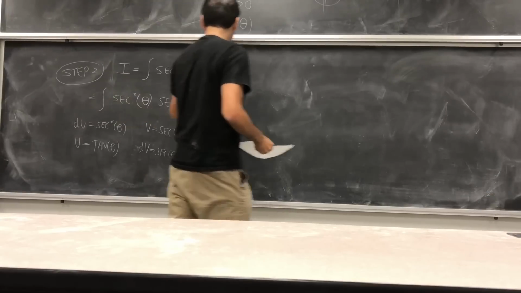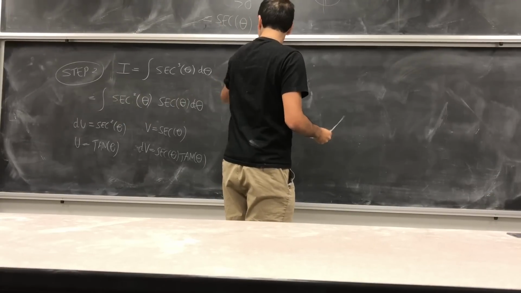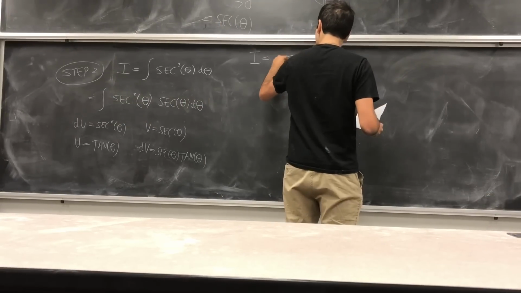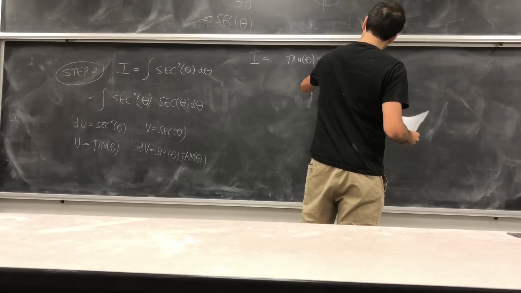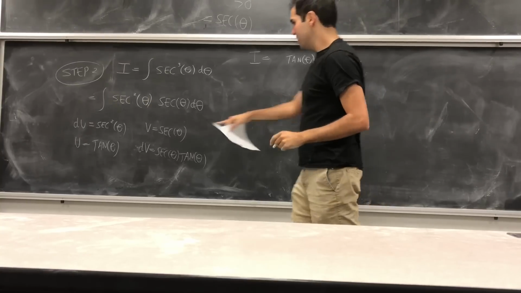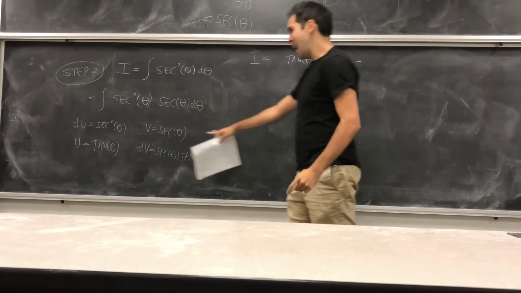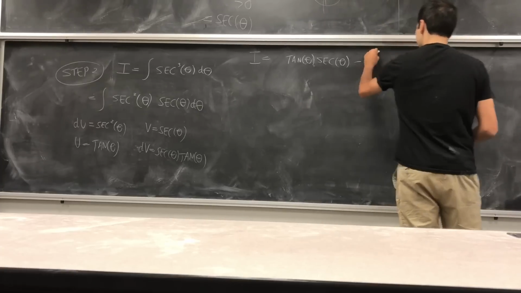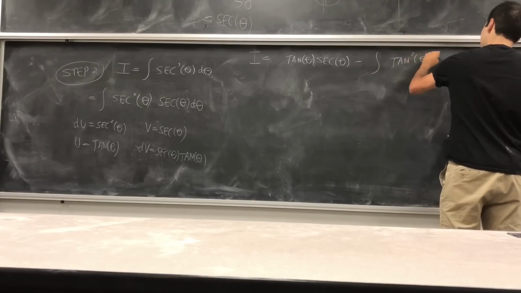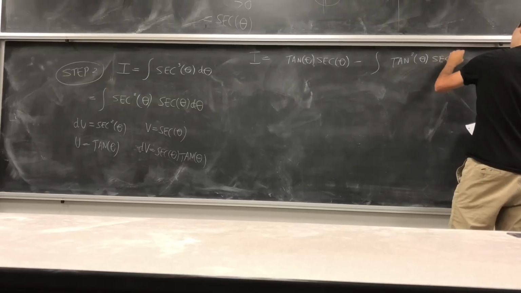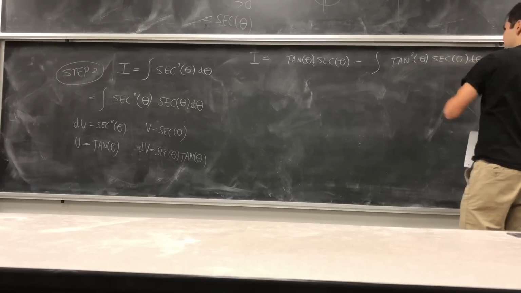So we get that I equals uv, tangent theta secant theta, minus the integral of v du, so tangent times secant times tangent, which is the integral of tangent squared theta secant theta d theta.